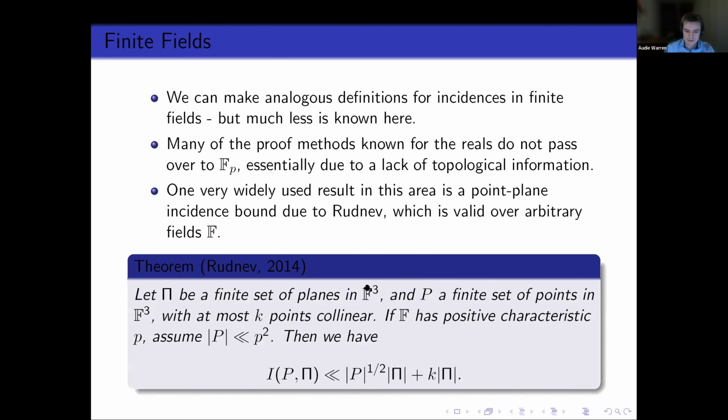I should mention the reason that I focused on F_p as opposed to arbitrary fields is because this restriction here depends on the characteristic. So really, if we were to look at some finite field, something like F_2 raised to a very large power, our restriction is so strong here that we can't really do anything. So we really want the characteristic to be big.